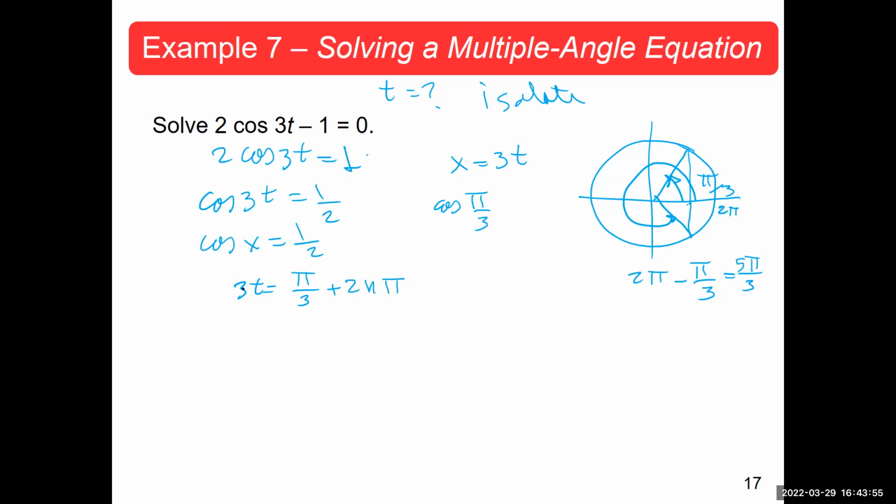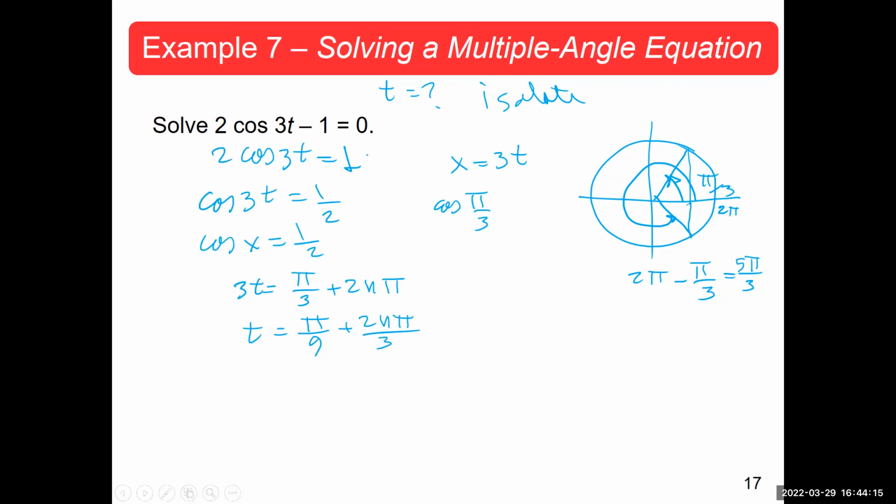Now divide by 3 on both sides, and you get t equal pi over 9 plus 2n pi over 3.